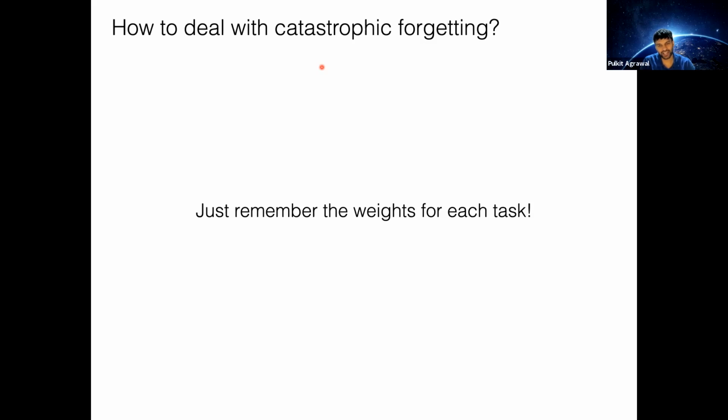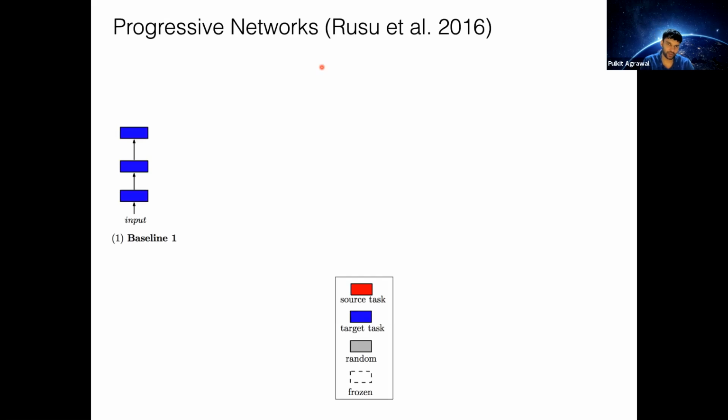So what kind of things have people looked at to overcome this problem? One set of ideas is progressive networks, which came along around 5 years back. There is some color coding. Red is the source task, and if a layer is shown in blue, it means that layer was trained or optimized for the target task.